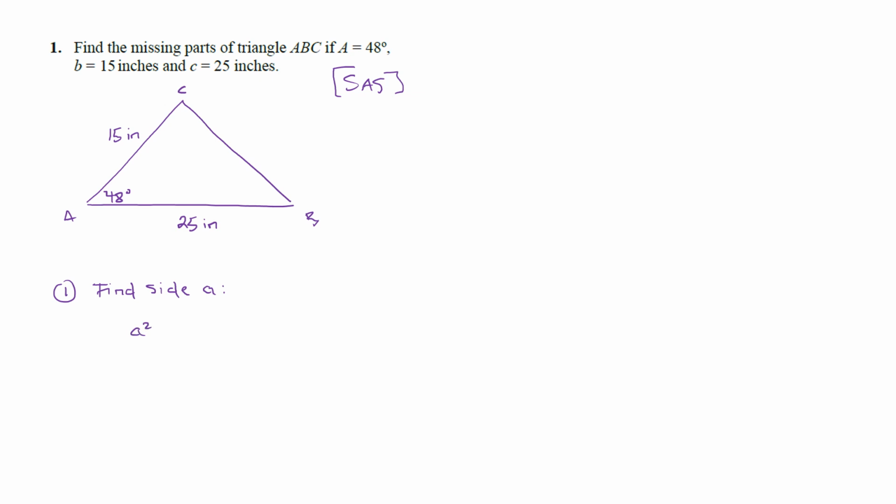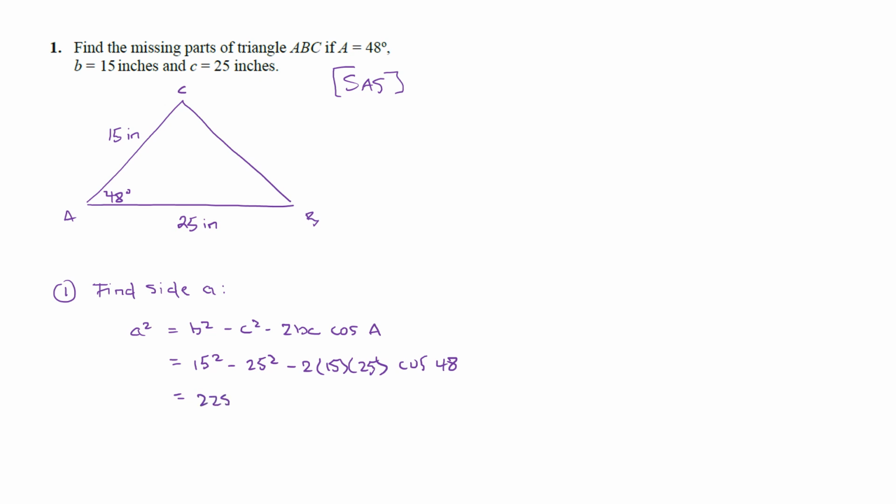That's A squared equals B squared plus C squared minus 2BC times the cosine of angle A. That would be 15 squared plus 25 squared minus 2 times 15 times 25 times the cosine of 48.